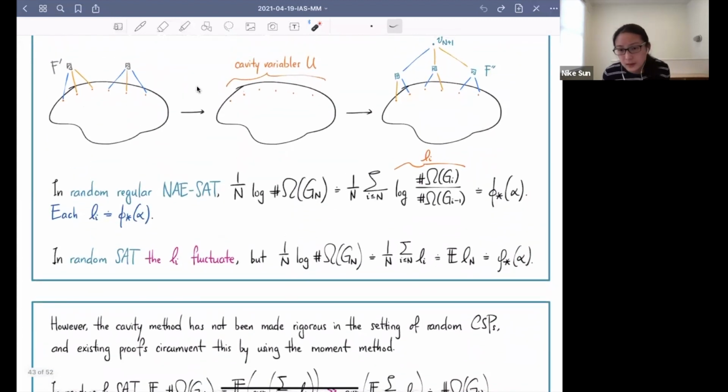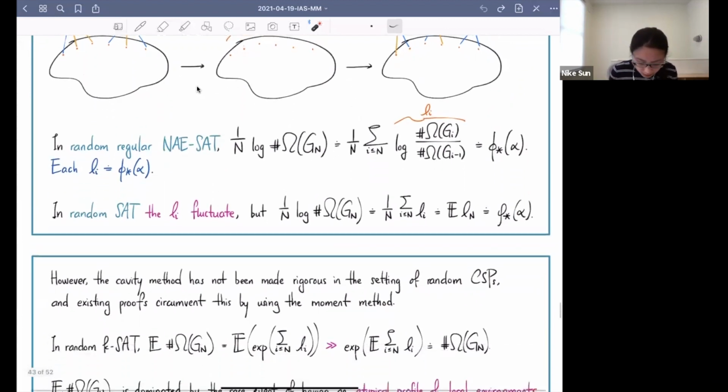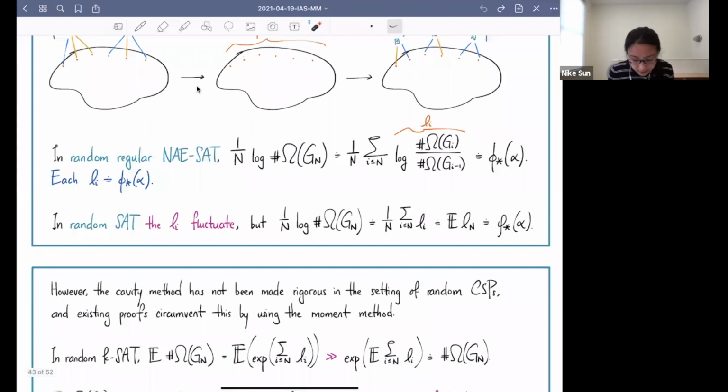However, in the setting of random CSPs, the cavity method has not been made rigorous. So the existing proofs that we have typically circumvent this by using the moment method. And then in the moment method, in random K-SAT, you have this obvious problem, which is that you don't have the expectation of the log because we don't know how to calculate that. We just have the expectation of this random variable.